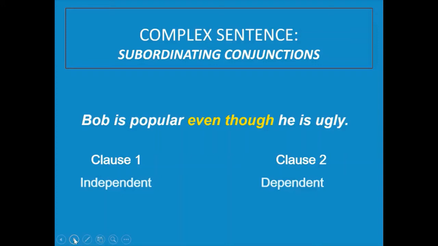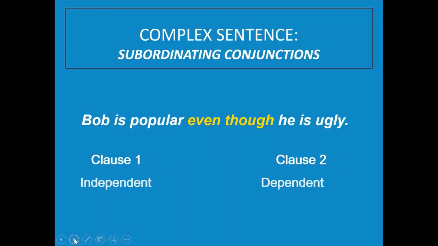But here, because a comma is not used, we will have to take Bob is popular as the first clause, and the second clause will be taken with the subordinating conjunction: even though he is ugly.